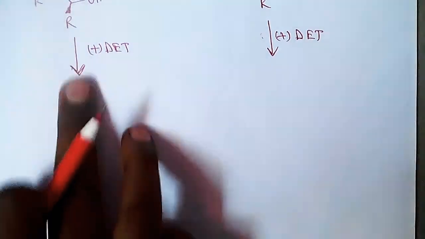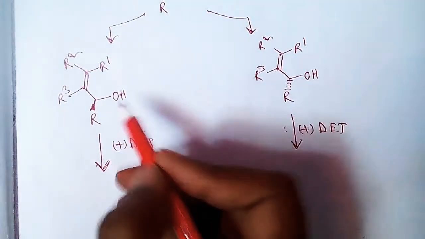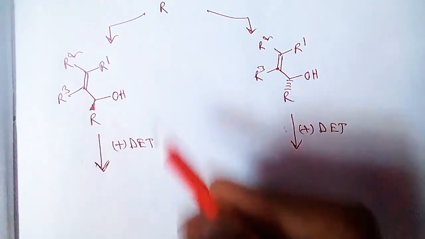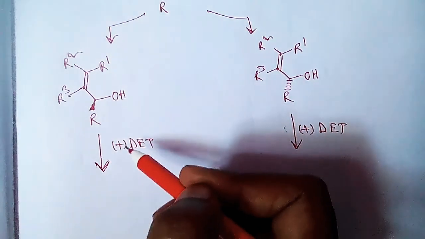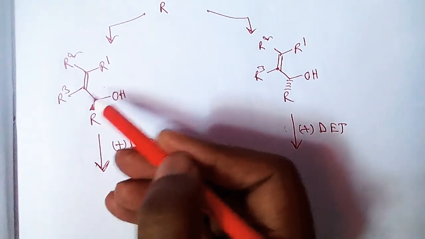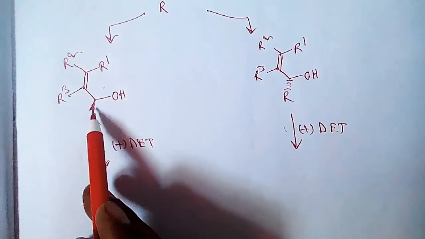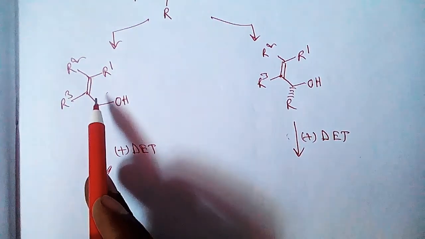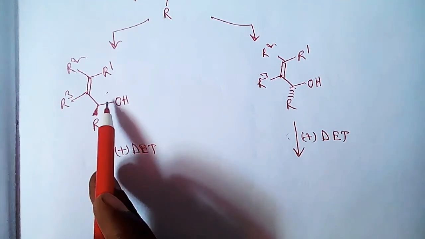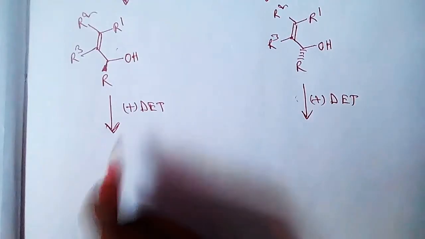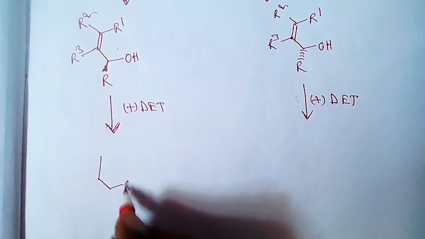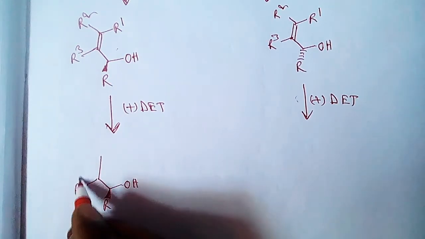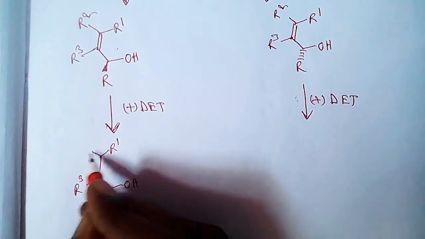With plus DET, the reagent comes from the below side, and as the R group is on the upper side, no steric hindrance will be faced by the reagent. So the product will be like this.